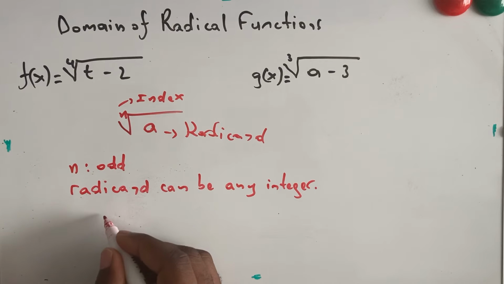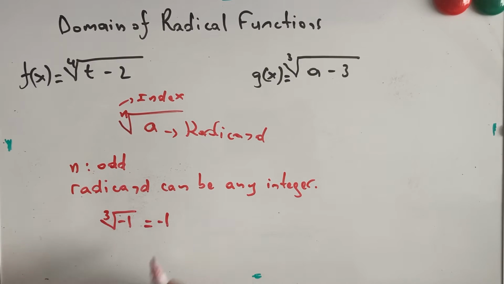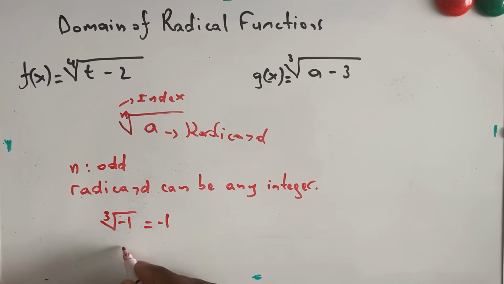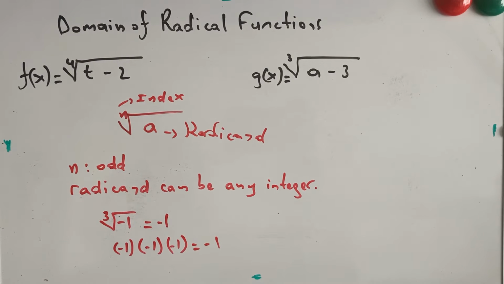So, for example, you may do the cube root of -1. That's -1 because -1 times -1 times -1, 3 times, because it's a cube root, will give you -1. So this one's good.